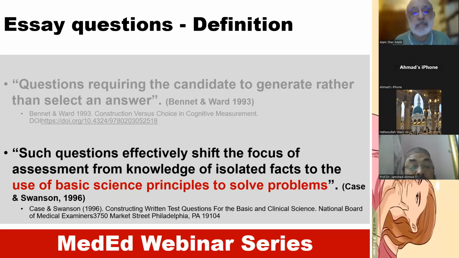That is the big advantage of essay questions: they are much more than recall, but emphasize the application of the basic science principles to solve medical issues.